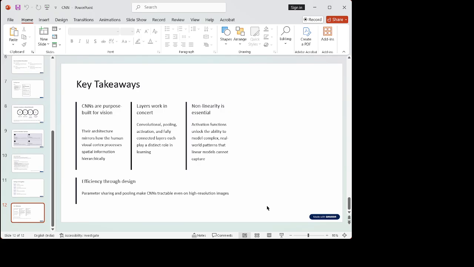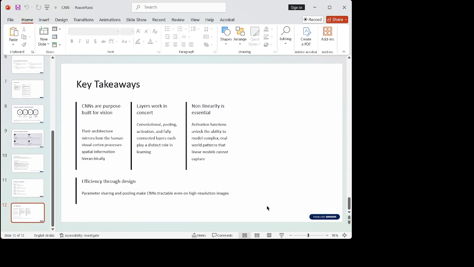Finally, what is the recap of convolutional neural networks? They are designed mainly for vision, and convolution extracts features. Pooling reduces the spatial dimensions, and activation functions introduce non-linearity.